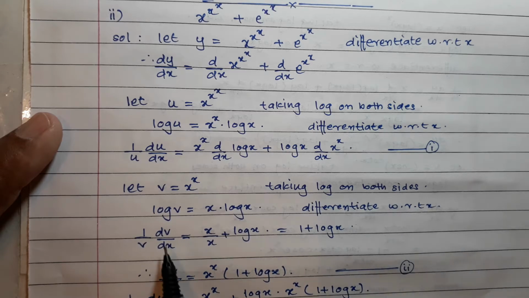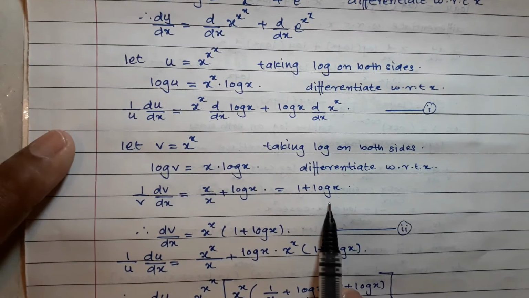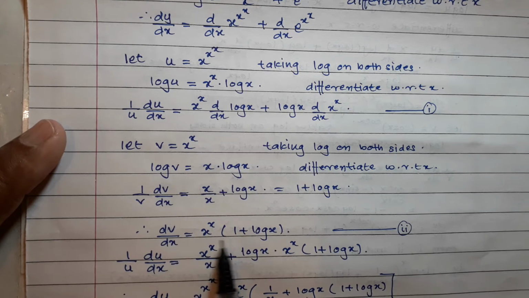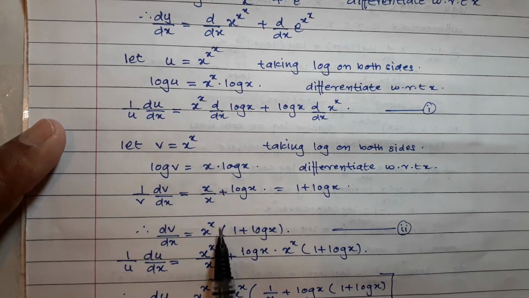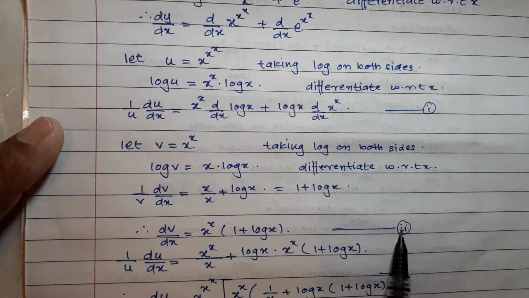Differentiate with respect to x. 1/v dv/dx = x/x + log x, that is 1 + log x, and therefore dv/dx = x^x (1 + log x). Suppose this is statement number 2.